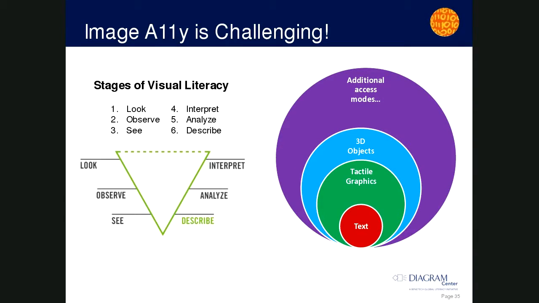And then the thing that's particularly challenging about this is that when we started with visual literacy 5 years ago, we were really talking about text description. So I have an image of concentric circles here where the smallest circle on the inside is text, right? But as you grow into, say, tactile graphics, there's visual literacy, and there are specifications on how you go about producing effective tactile graphics. It's not just a straight reproduction. And then it grows when you get to 3D objects, because they're adding yet another dimension.